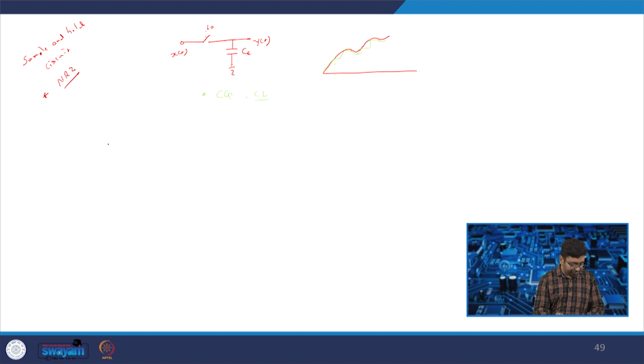And now if we try to find out the conversion gain of this, we can decompose it into two parts, where the first is when it is following, like this, and again you will have something like this, and again you have a. So, the entire cycle it is coming down.